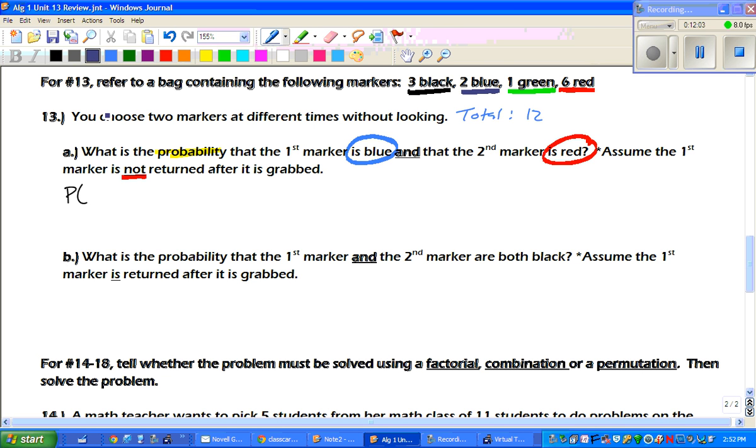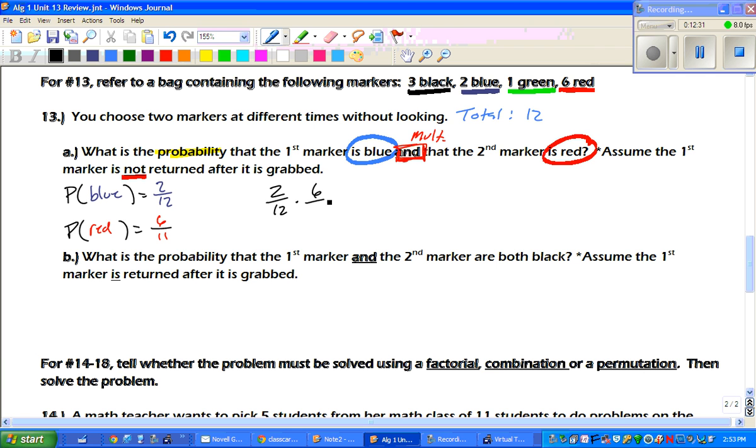Okay, so the probability of getting the blue is 2 out of 12. Okay, but now the probability of getting a red would be 6 out of 11. Okay, now keyword here, and means to multiply.